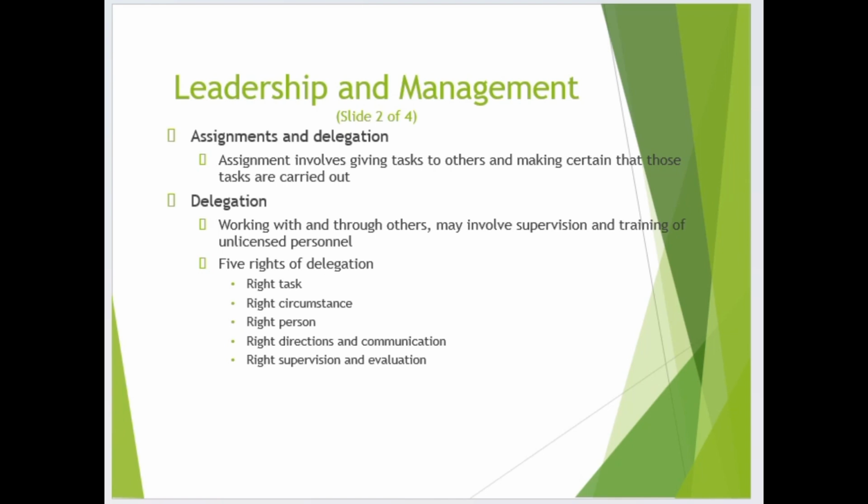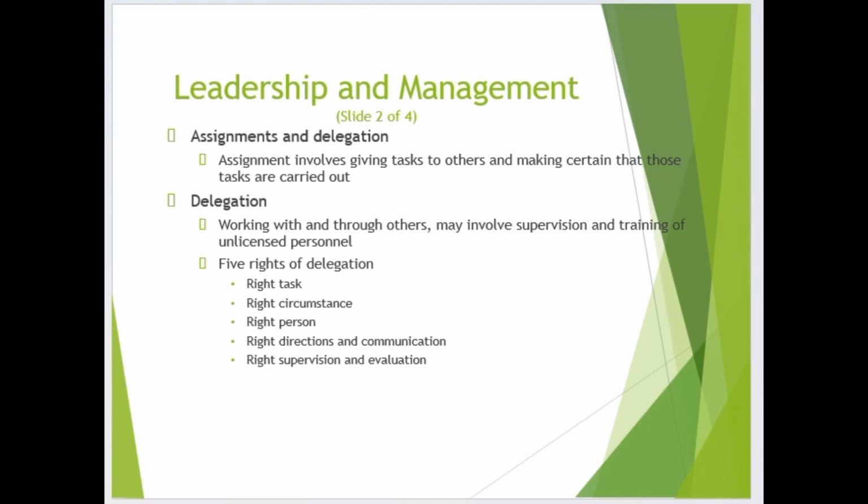But leaders and managers have things that overlap, things that both do. So they can both make assignments and delegation. Assignment involves giving tasks to others and making certain that those tasks are done and carried out. And so once again, that could be just your ordinary floor nurse with no special title.